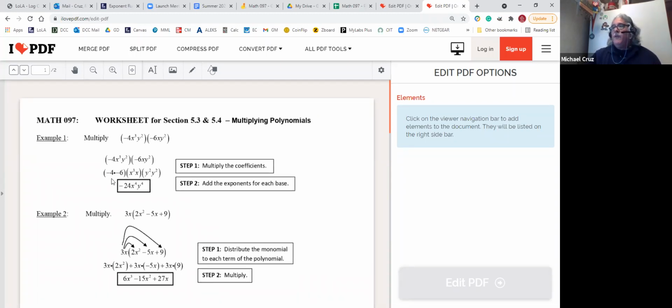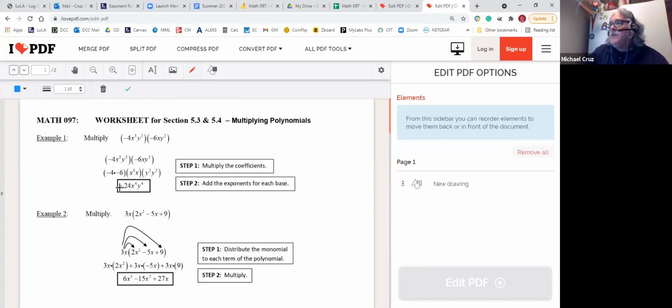That's that same addition rule. So negative 4 times negative 6, and this is wrong. They messed up on here. Negative 4 times negative 6 is positive, so it's positive 24.